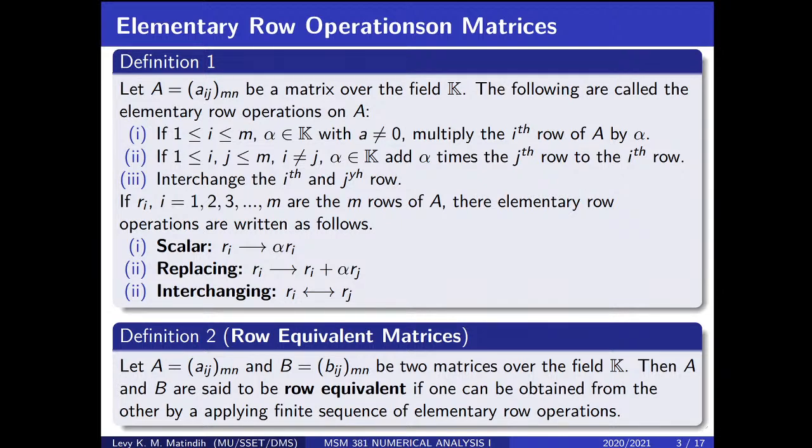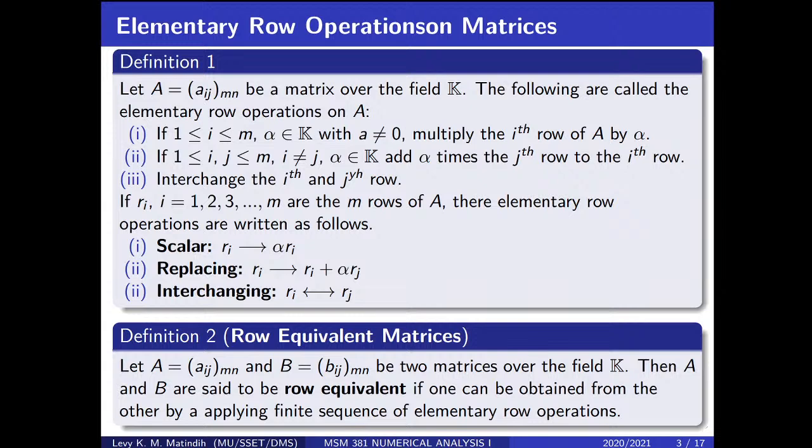If Ri, where i runs from 1 up to m, are the m rows of matrix A, for example 5 rows, 6 rows, 20 rows, or 100 rows, then their elementary row operations are written as follows.